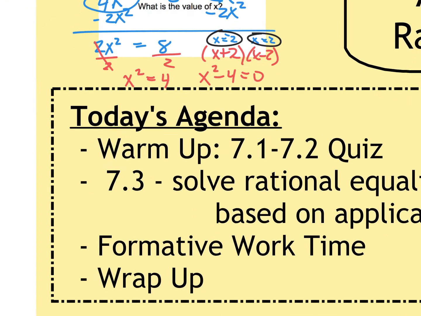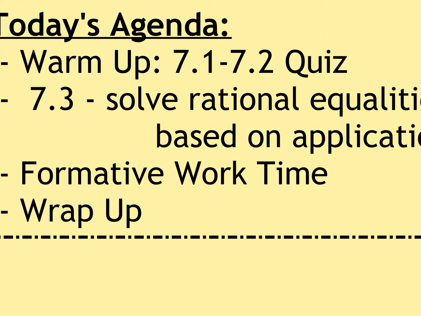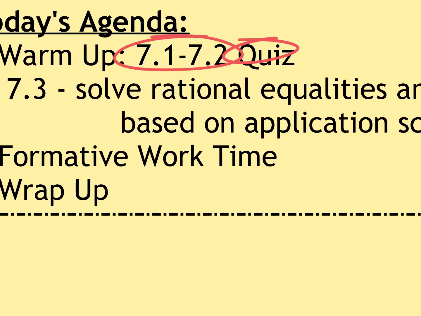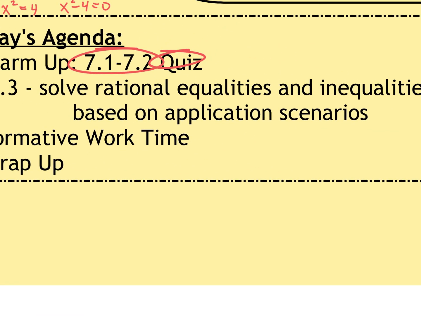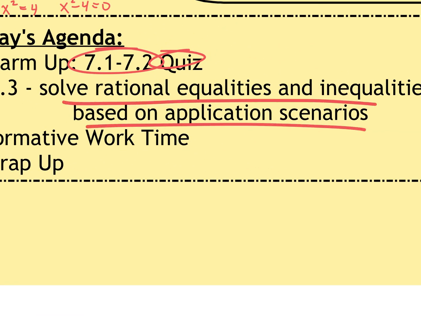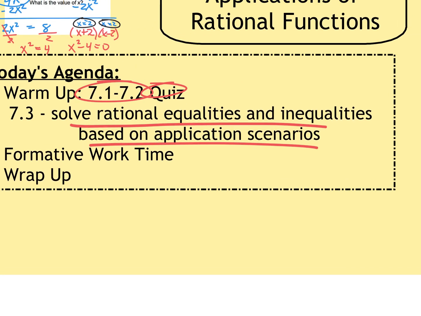So we're going to just focus on the 7.1 to 7.2 quiz, which will happen in just a minute here. And we'll talk about doing these application scenarios where you're solving rational equations. It's a little too dense for a day like today.